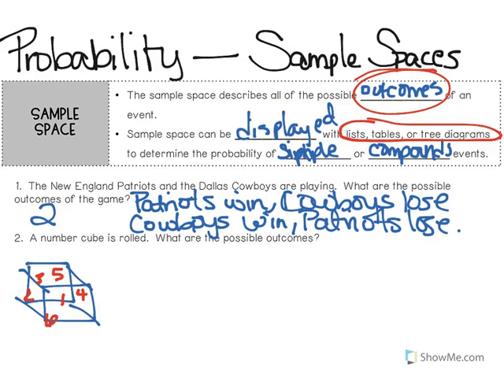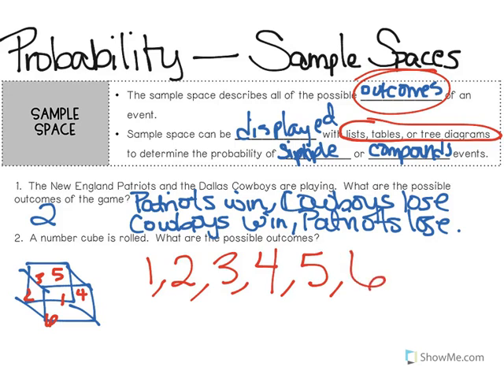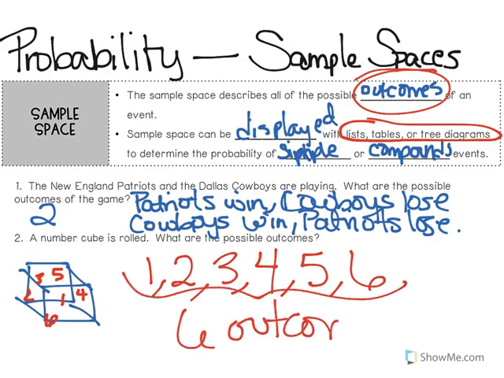So the possible outcomes is that I could roll a 1, or I could roll a 2, or a 3, or a 4, or a 5, or a 6. So how many outcomes are there all together? There are 6 outcomes. Those are sample spaces. So let's try a few more.